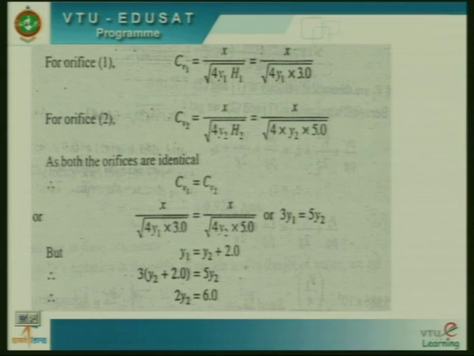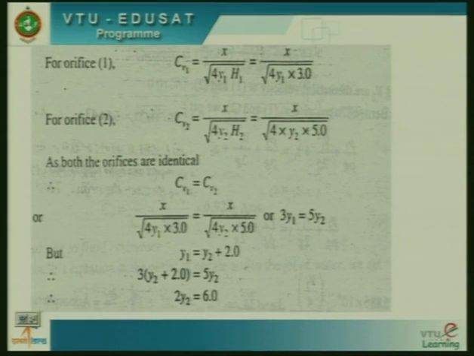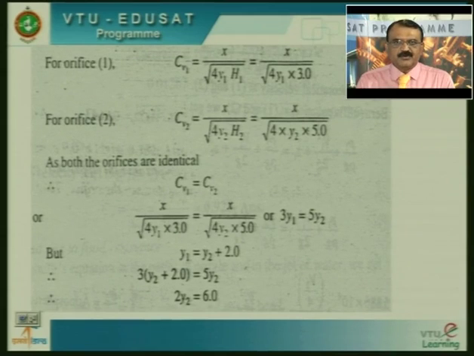I know the equation for CV1, I know the equation for CV2. CV1 is given by x divided by 4y1h under root, sorry, x square, and CV2 is equal to x square divided by 4y2h. Equate these two equations and you are going to get a relation for y1 and y2. What is this relation? 3y1 is equal to 5y2.